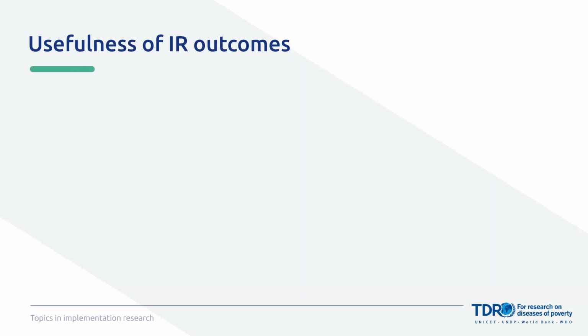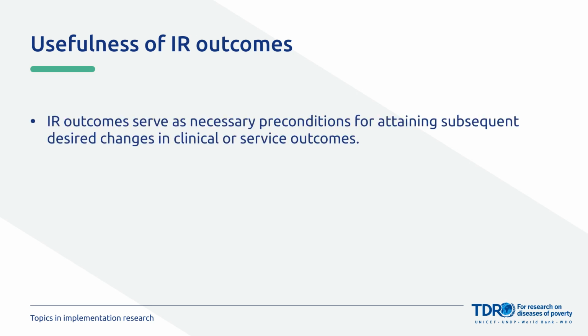For any treatment or intervention to work, it needs to be put into action properly. Implementation research outcomes are essential for achieving the desired changes in clinical or service outcomes later on. For example, in order to appropriately interpret outcomes, the Maternity Homes Access in Zambia project, MAMAS, evaluated the impact of a maternity waiting home model on women's access to safe delivery in rural Zambia.